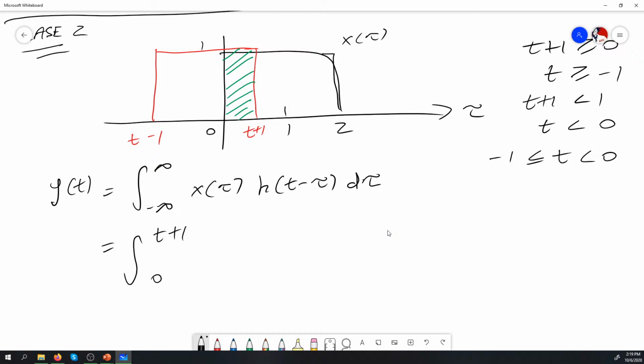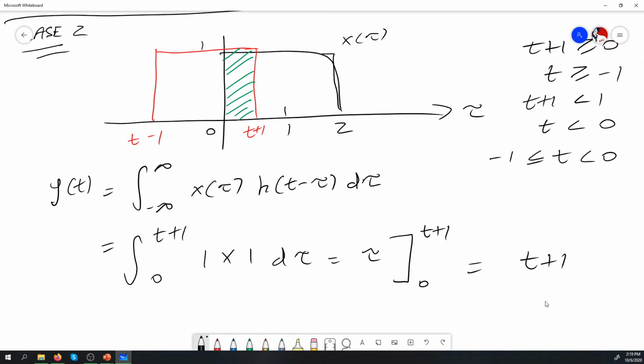And the equation for x of tau was 1. The equation for h of t minus tau was 1. So we get tau here being evaluated from t plus 1 to 0. So we end up getting a result here of t plus 1, for case 2.